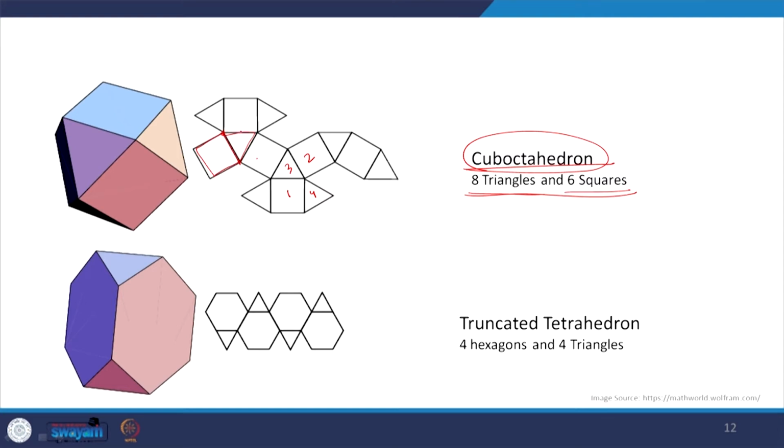The only thing you have to remember is that at each point 4 surfaces should be coming. So this surface will come and join. We will have this one going here and this one coming here. Again here we have 1, 2, 3 for this point. This one goes here and this surface goes here and joins.